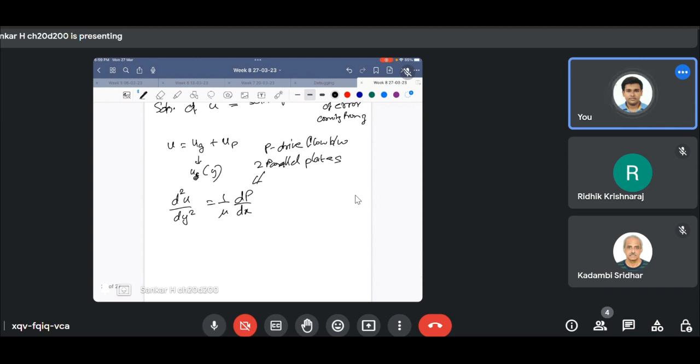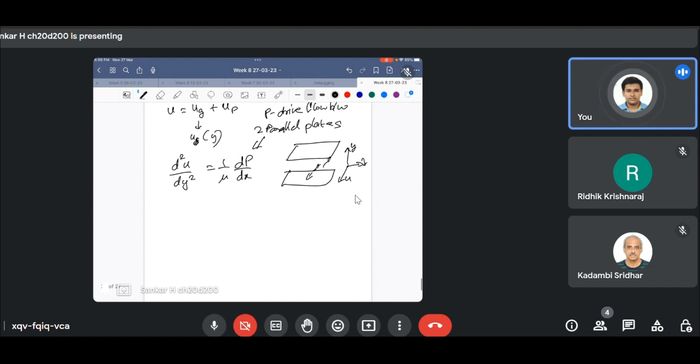If I have to draw a figure over here, I would have something like this, where this is the y, this is the z, and this is the velocity. So a variation of the velocity in the u direction will only be affected by the two boundaries in the y coordinate, that is at a distance of minus h and plus h.